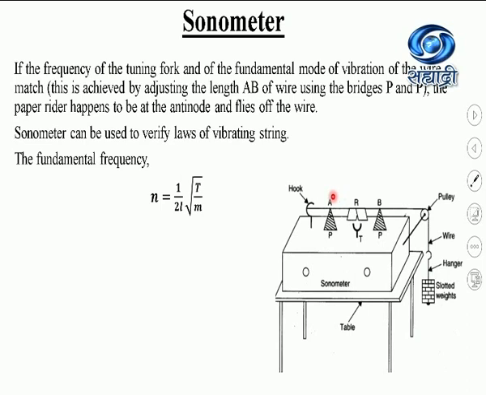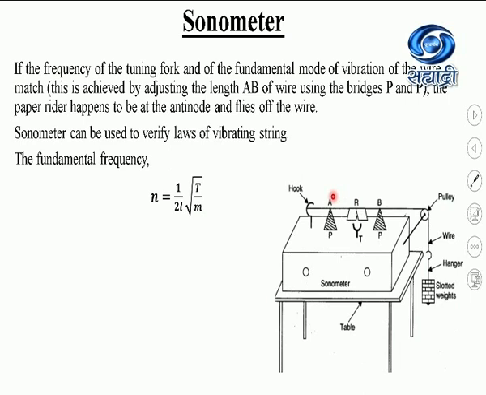Now to identify resonance, a small piece of paper called a paper rider is placed on the wire, and if the wire vibrates in its fundamental frequency and the frequency of the tuning fork is matched, then the paper rider happens to be at the antinode and is thrown off.